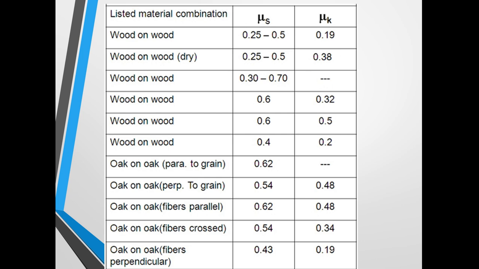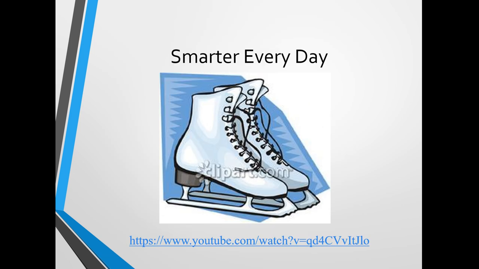And you've probably experienced this pushing some kind of heavy box around or moving furniture. It takes more effort to get that thing to start moving and less effort to actually keep the object moving.